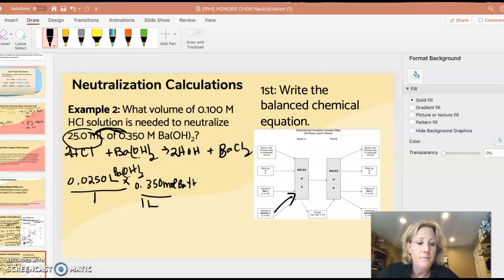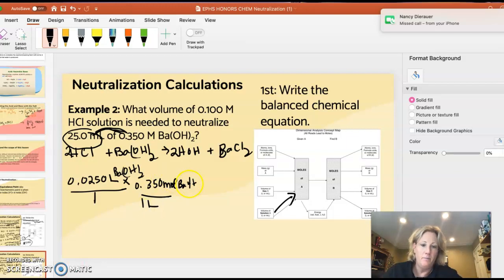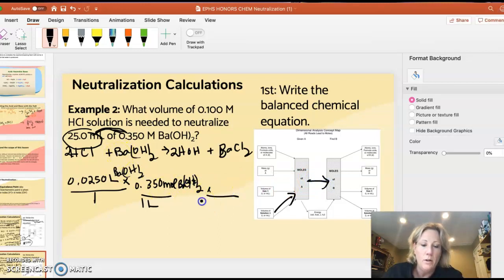Then I'm ready to do the mole-mole step, the stoichiometric step. So again, I would put my 1 mole barium hydroxide down here. And then I'm trying to go to hydrochloric acid, so 2 moles HCl here. So I could stop at that point and plug my moles into the molarity equation.